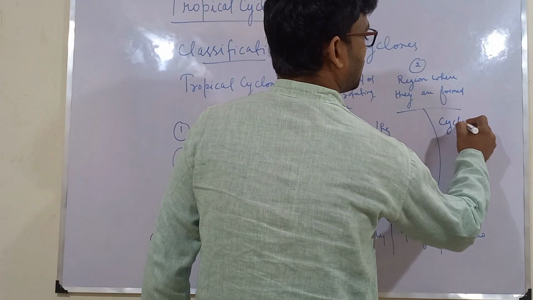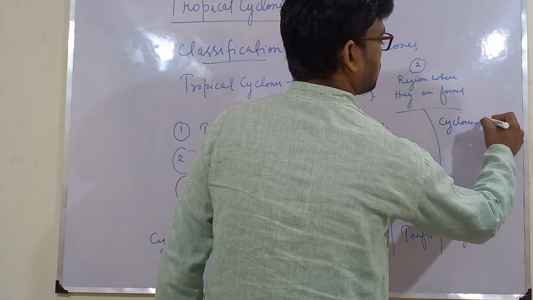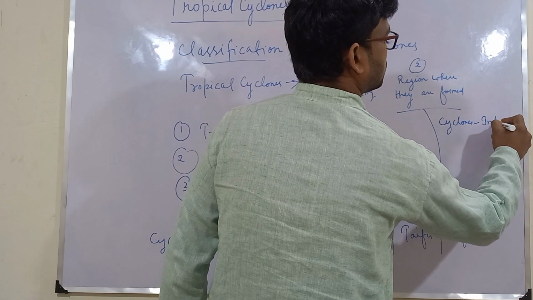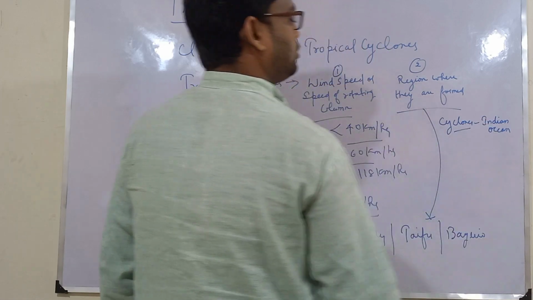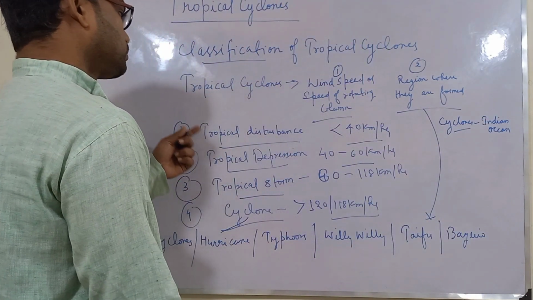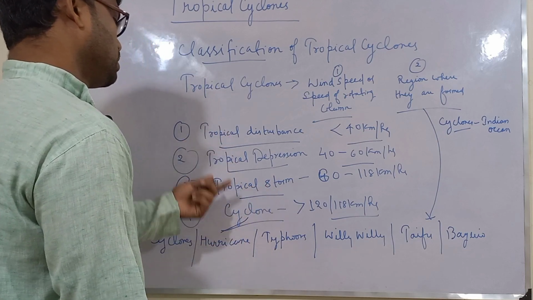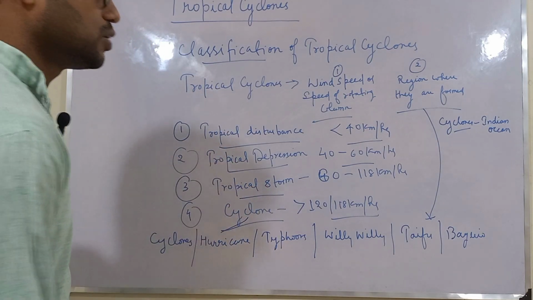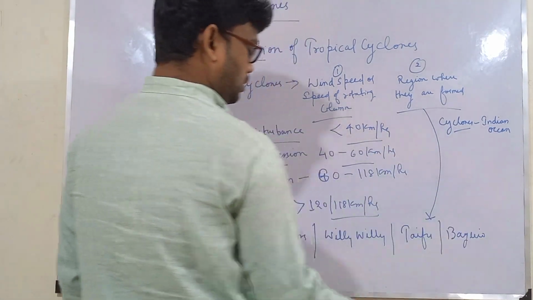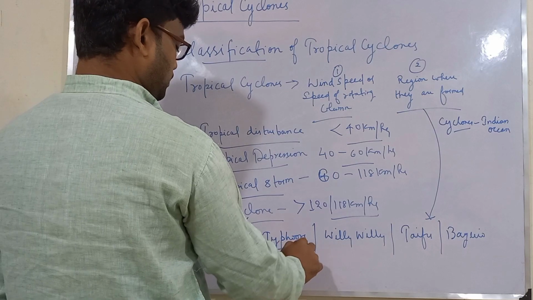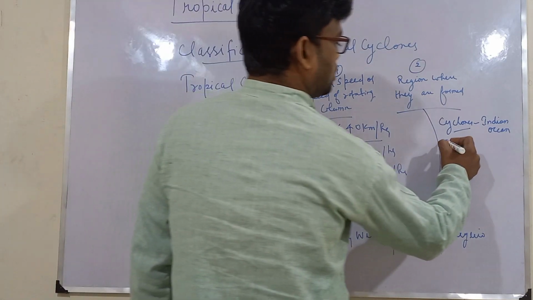We call it cyclone only when the disturbance is in the Indian Ocean. When these tropical storms, depressions or disturbances come in the Indian Ocean, we name them cyclones.